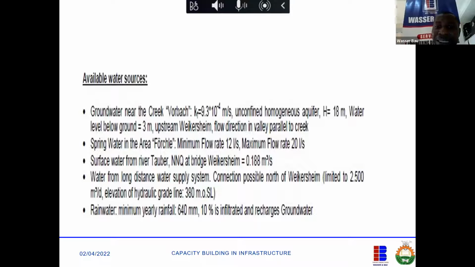Then from inland, they will now treat it. Though they will treat it a little bit at the source, okay? But then they treat it further. So water can also come from another long distance water supply. Then it can also come from rainwater, which we have not been practicing in Nigeria for now. But we're in a water scarce country, rainwater is a viable source of water.